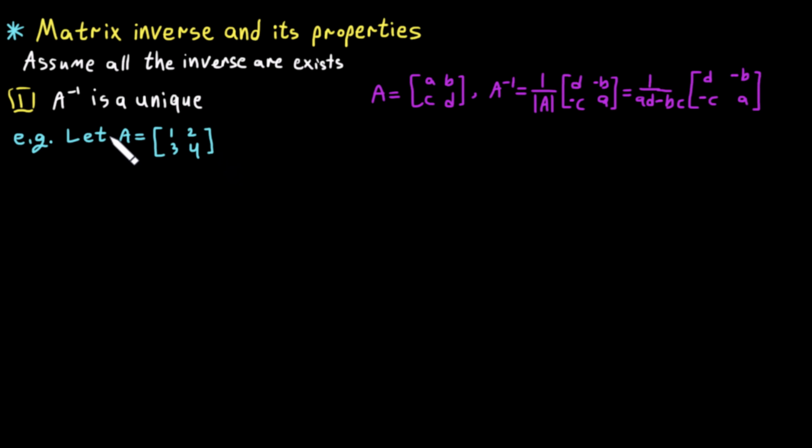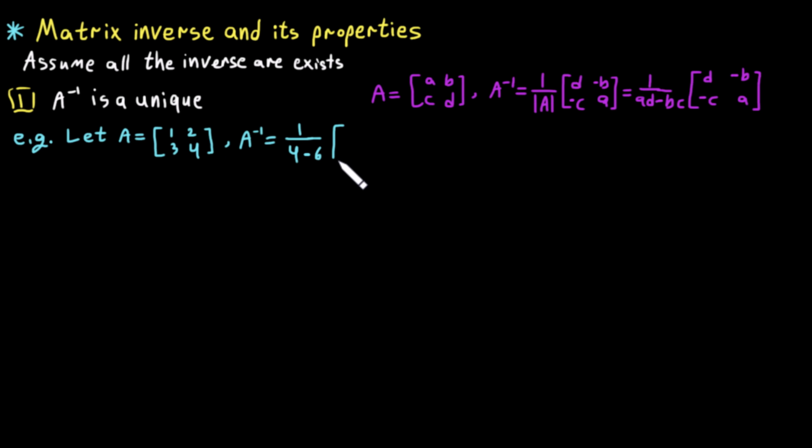So let's say here, as I said, assume all the inverses exist. If you want to find the inverse of this A, A inverse equals 1 over 1 multiplied by 4, which is 4, minus 2 multiplied by 3, which is 6.